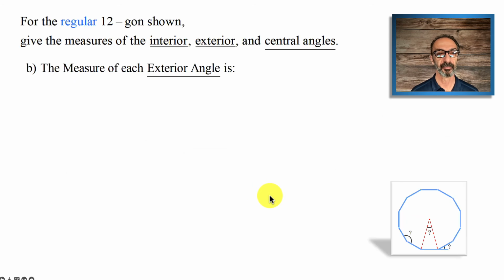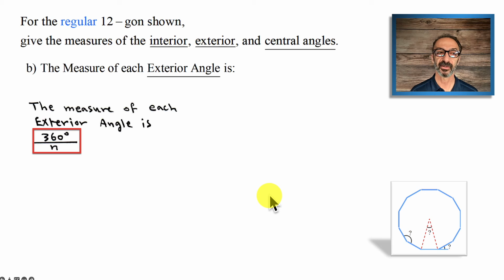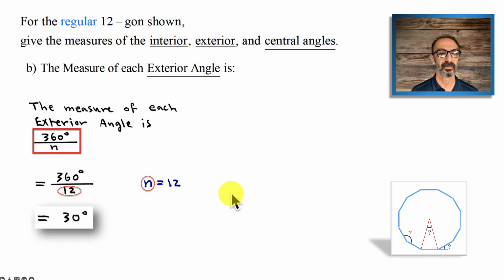Going back to the problem, the sum is 360, and because I do have n of them, in this case 12, I'm going to divide it evenly because they're all equal. 360 divided by 12, because n is 12, and that's 30. Each exterior angle is 30. 360 for all of them, divide by 12, you get 30.